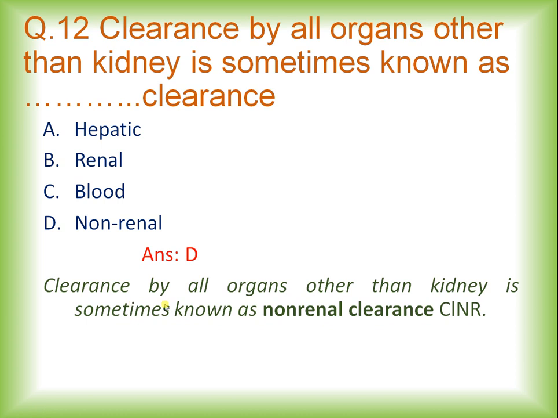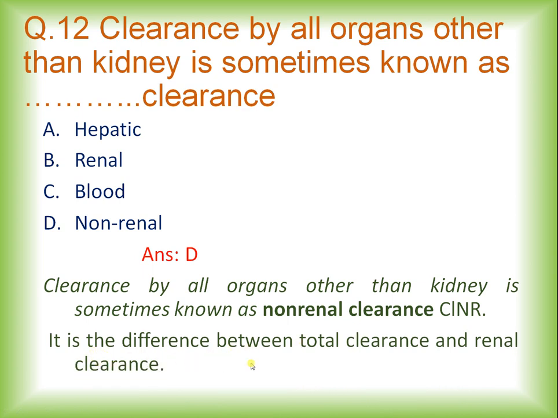Clearance by all organs other than kidney is sometimes known as NR clearance, and it is called non-renal clearance. So the clearance other than that of the kidney is known as non-renal clearance.